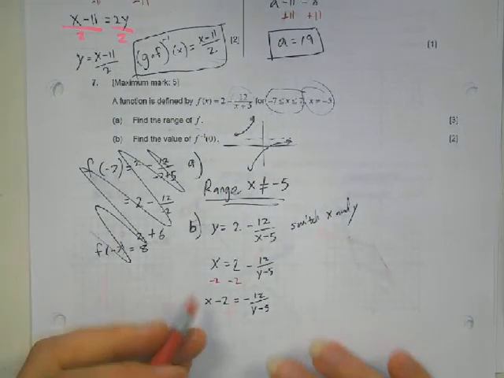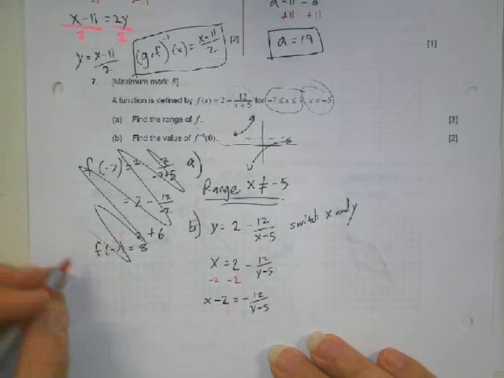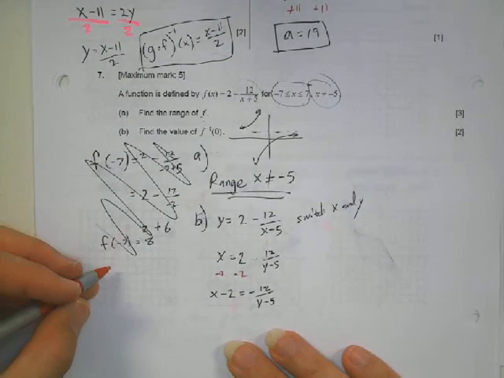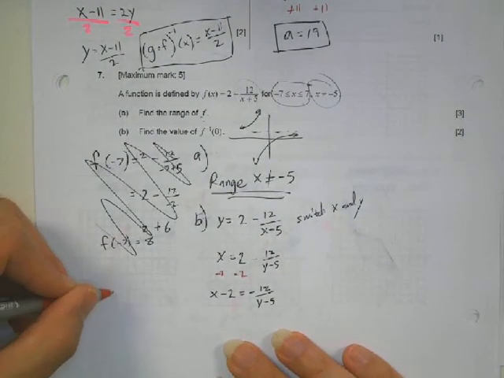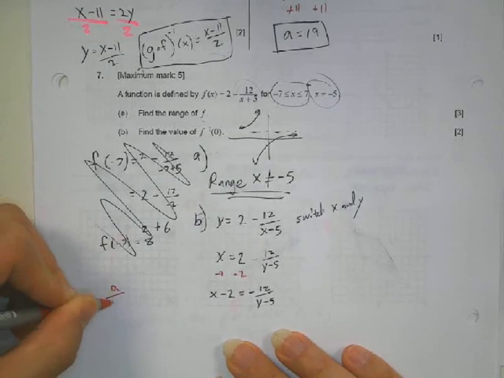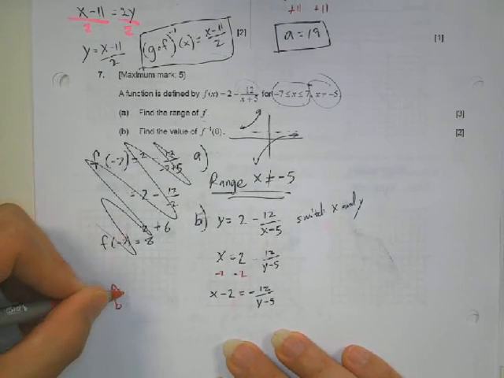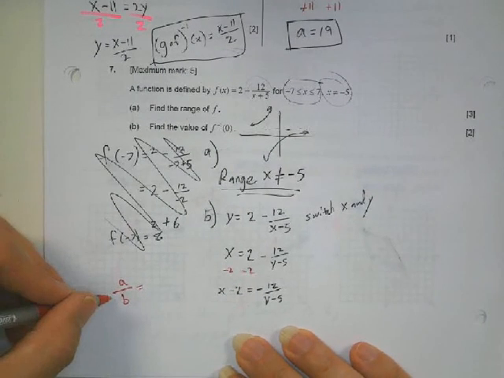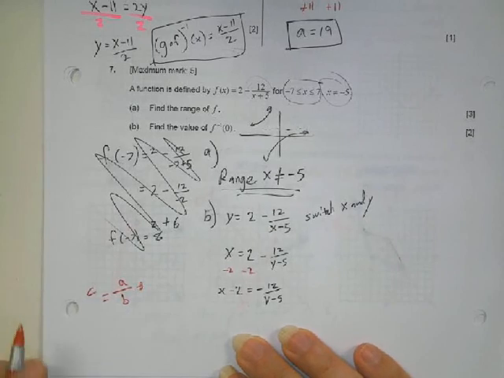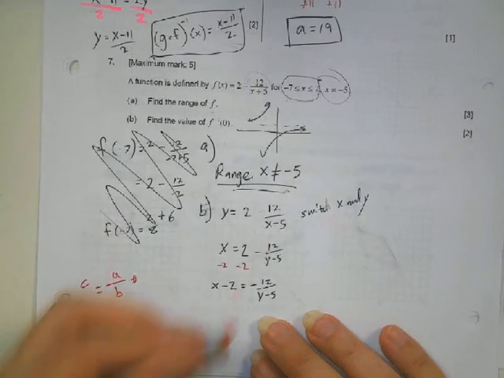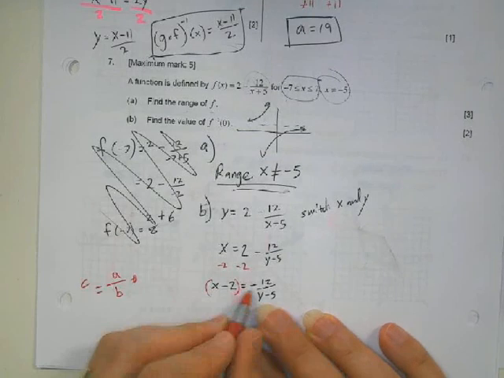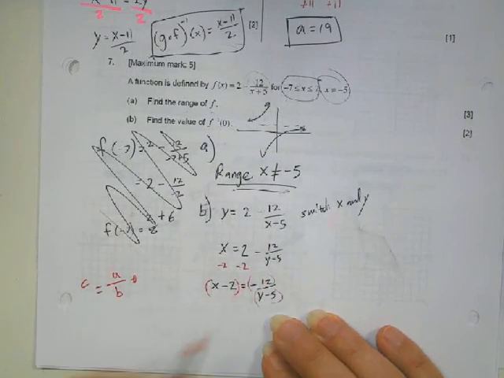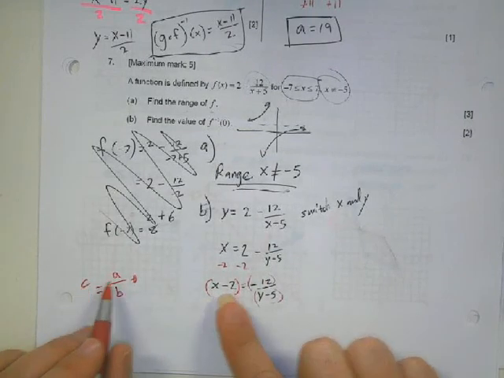Now I'm going to do a little trick. If I've got c equals a over b, that's kind of like what we have here. We've got this thing equal to this thing divided by this thing. Think of that as c, a, and b.